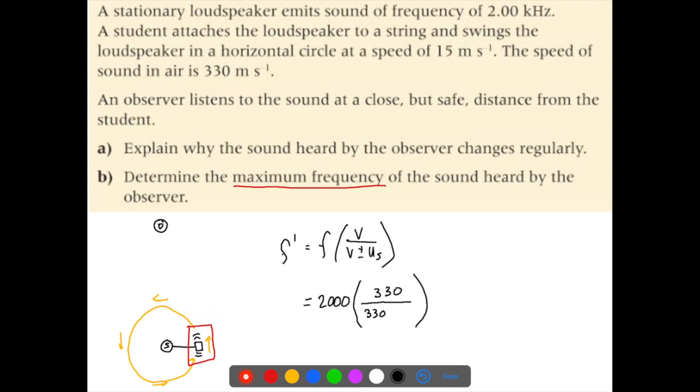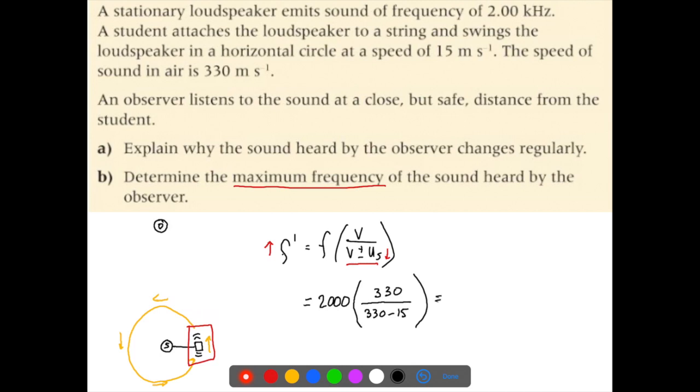Now we need to put the velocity of the source in there. Of course, I need a plus or minus. We already talked about the fact that we're looking for the maximum, so we want the frequency to be as high as possible. In order to do that, I need the denominator to be as small as possible. So I'm going to go minus the speed of the speaker, which is 15.